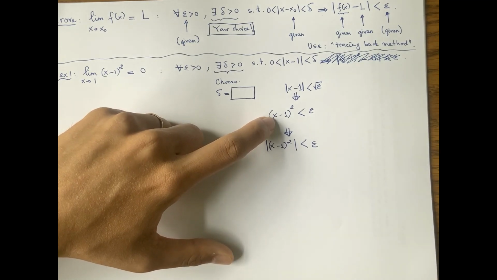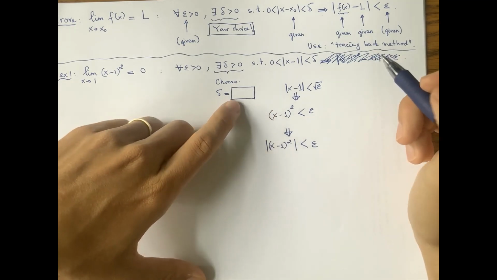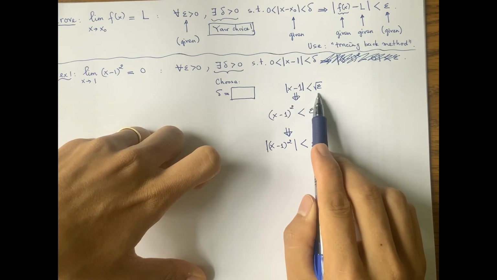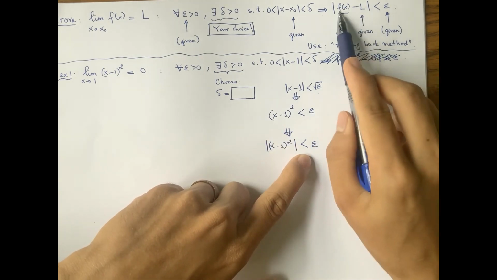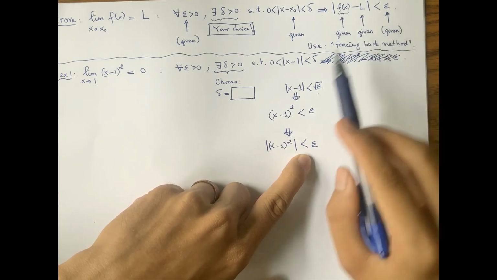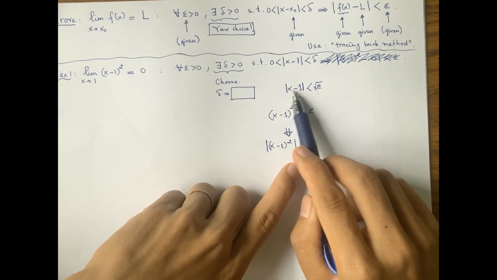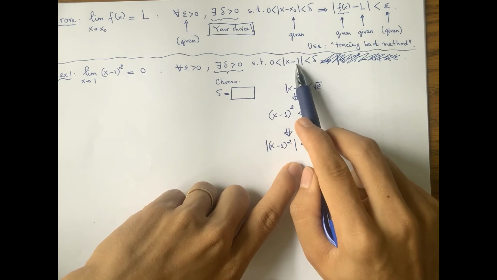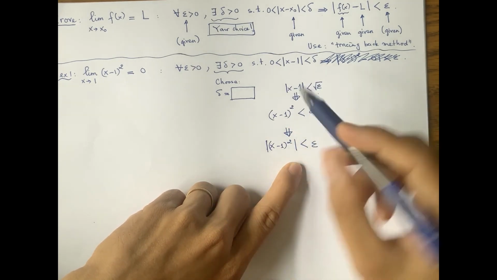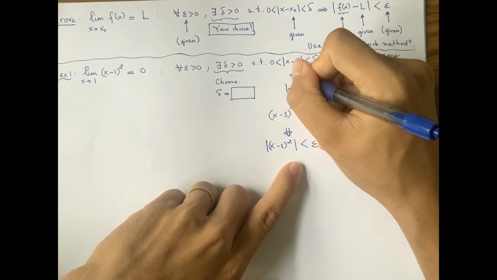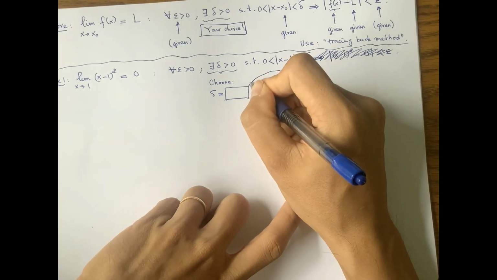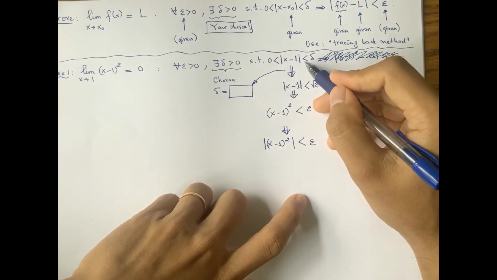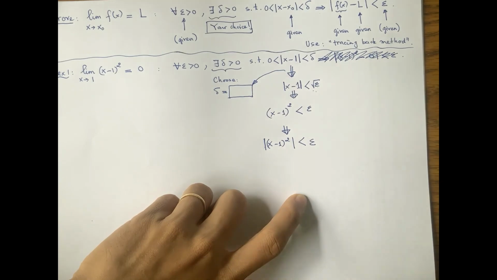Now, it comes to where you are going to choose the delta. If you have this, then you would get the conclusion. But the fact is that you don't have absolute value of x minus 1 less than the square root of epsilon. What you have is absolute value of x minus 1 less than delta. So in order to make the connection from here to here, you will need to choose the delta so that this implies this.